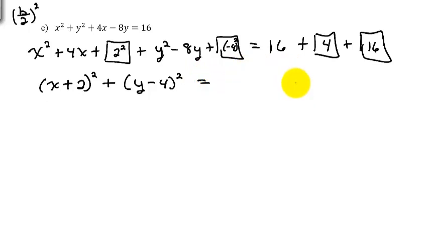And so over on the right-hand side, we have 16 plus 4, which is 20, and then plus 16 is 36. And so our center is at, change the sign of the x's, so that's -2. Change the sign for the y's, so that is +4. And the radius is the square root of 36, which is 6.